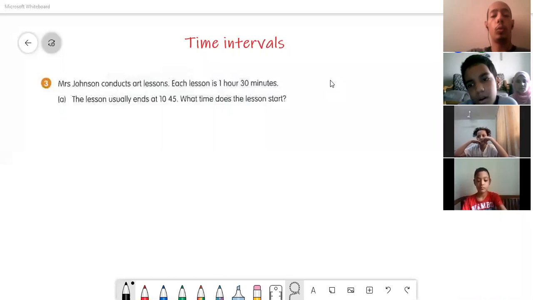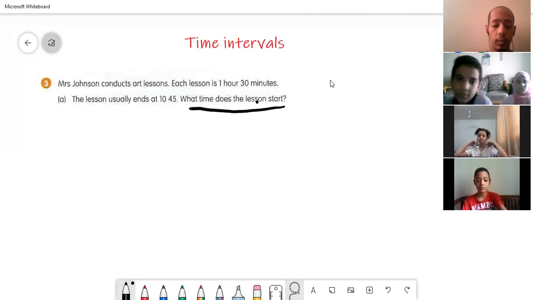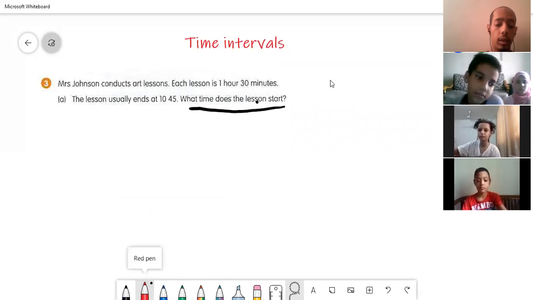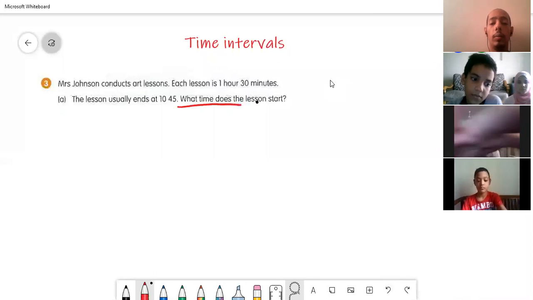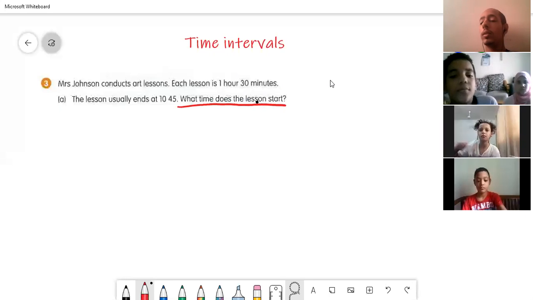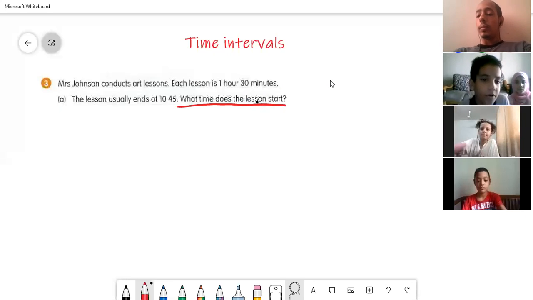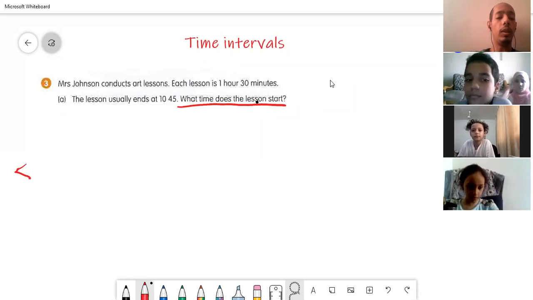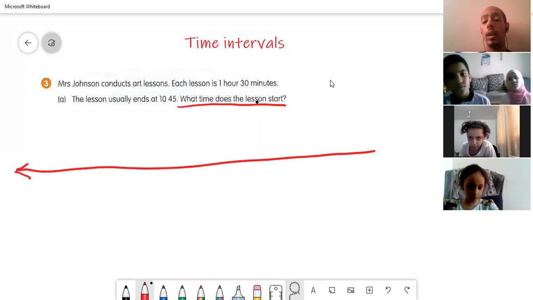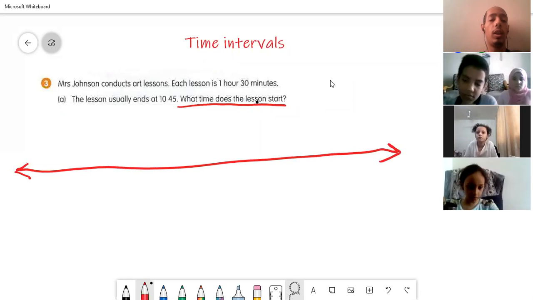We are required to find the starting time, isn't it? Guys, am I right? We are required to find the start time. The start time of the lesson, right? Very good. Sahel says we are gonna subtract. It's correct, but we also can use the timeline to find the answer.